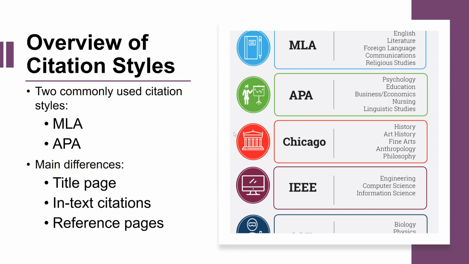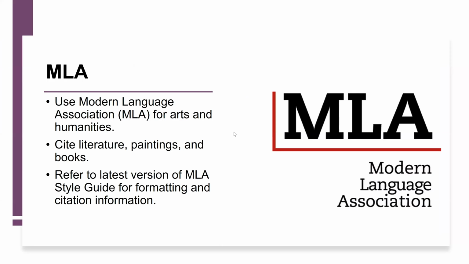So let me talk a little bit about MLA, and then I'm going to say a few things about why citation styles are important. As someone who is a JAWS user myself, and as someone who's totally blind, like I said before, you may think, why do I need to do this? Why is this important? Well, citation within a paper and citing sources properly gives the writer credibility.